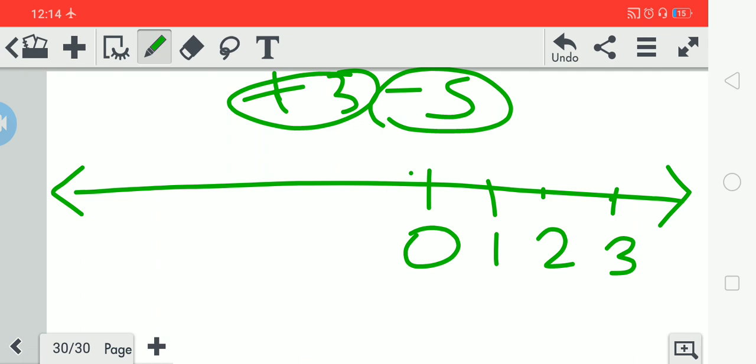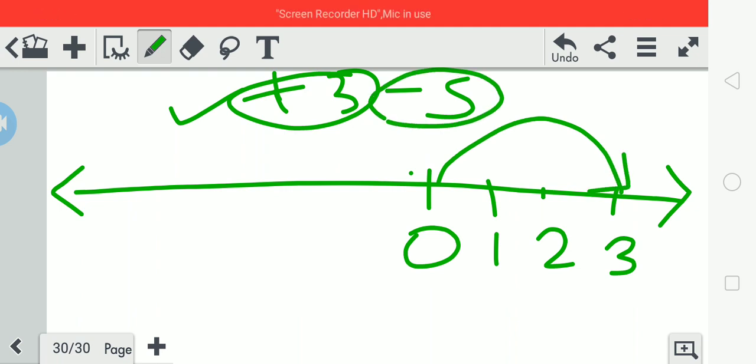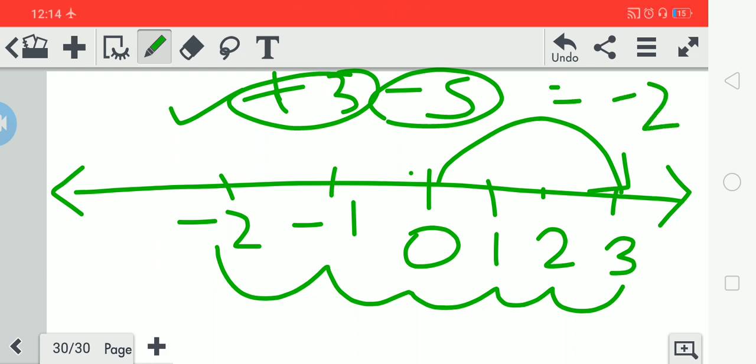Since the first number is plus 3, take a jump from 0 to 3, right? Now minus 5 is there, so 5 moves to the left: 1, 2, 3, 4, 5. After 0 come minus 1 and minus 2. So your answer in this case will be minus 2, right?